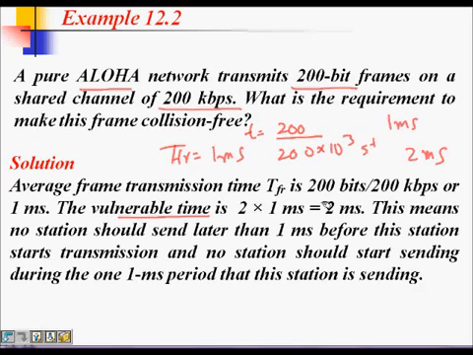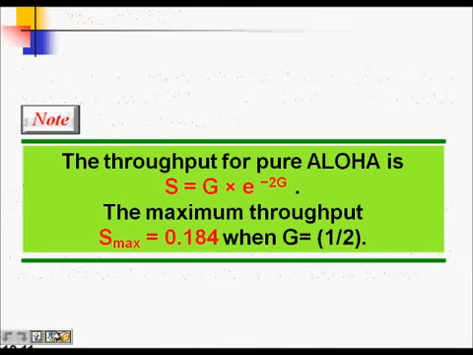So no station should be starting when our station is starting, and the time period for transmission is 1 millisecond. So no station should have started less than 1 millisecond before our transmission, and between this period, okay. So that's the case.